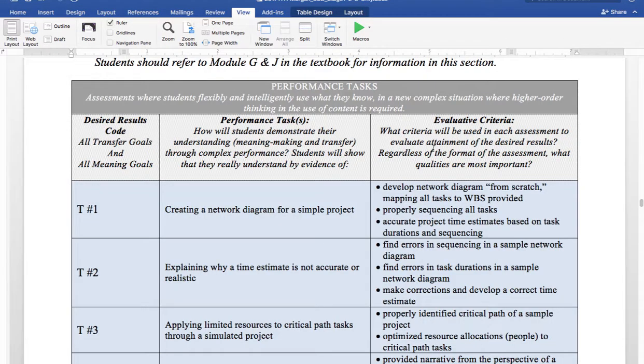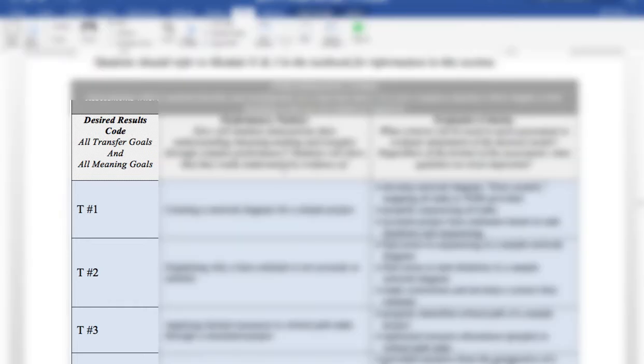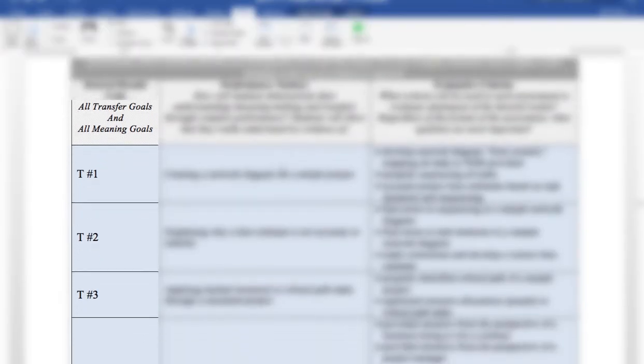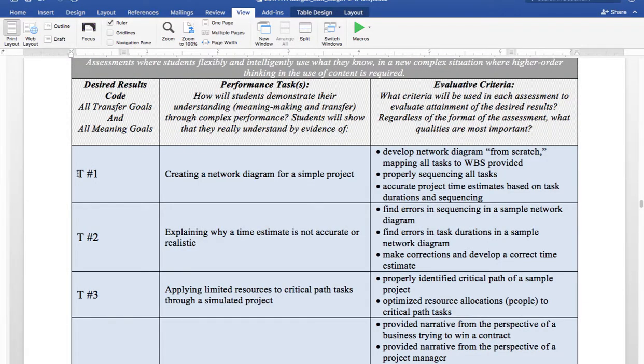These performance tasks are those that are associated with deeper understanding, where the goals are related to transfer goals and meaning goals. So note that there's a column for desired results code. These are the codes you may remember from stage 1, and we'll go back and take a look at those for reference.